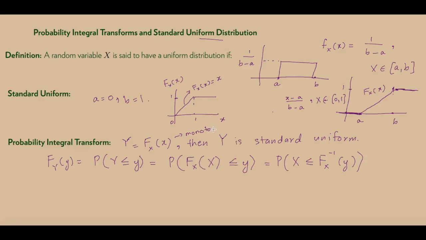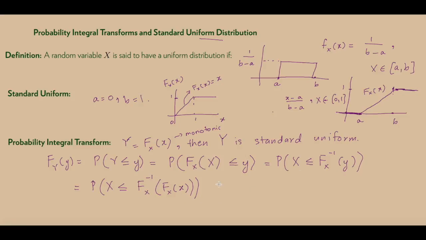When a function is monotonic and continuous, its inverse exists. Then this is equal to the probability that X is less than F_X inverse of F_X of X. Why? Because y is equal to F_X of X, that's the transformation.